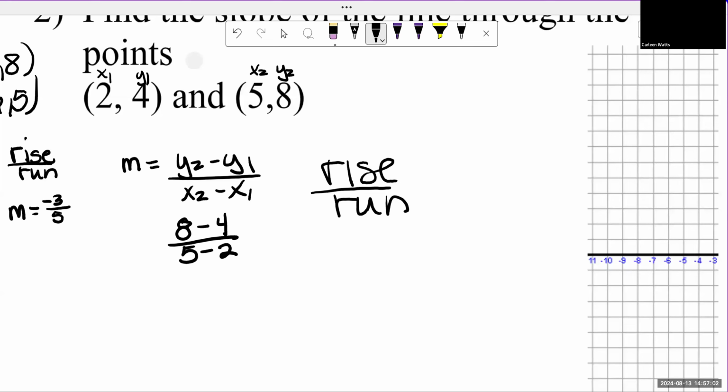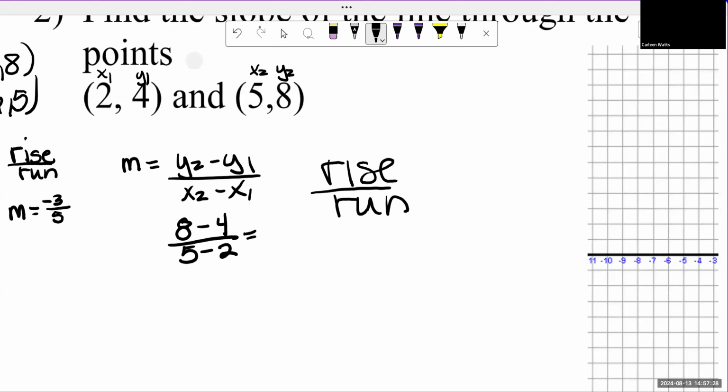Now, why do we start with the second point? It tends to give you a better possibility of having the negative on top if there's a negative. So that's really the reason. As long as you are consistent, whatever point you start with, you continue with. Notice these are an ordered pair and these are an ordered pair.